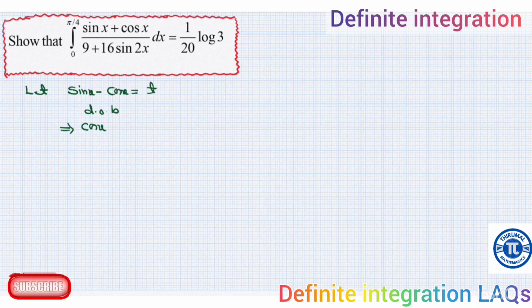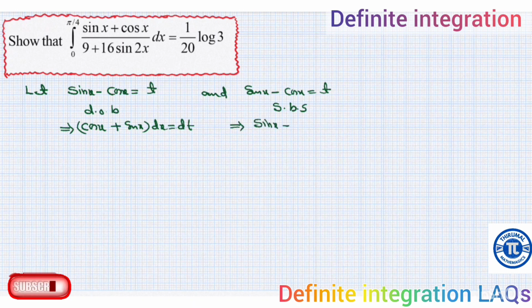The derivative of cos x is minus sin x, so minus into minus gives plus sin x, so (cos x plus sin x) dx is equal to dt. Consider sin x minus cos x equal to t. Now squaring on both sides, (sin x minus cos x) whole square is equal to t square.